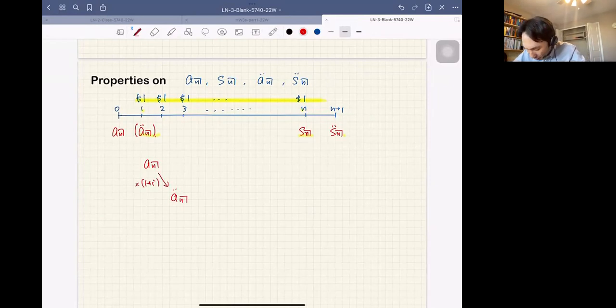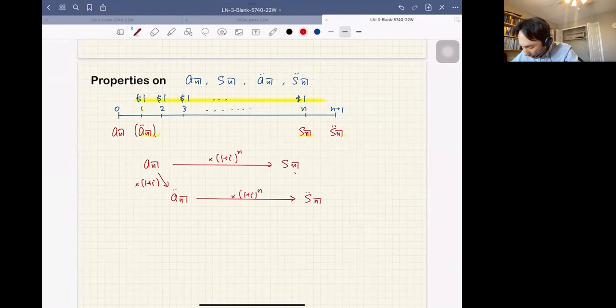And as we studied, if we multiply 1 plus i to the nth power, this becomes s right angle n. And if we multiply the same factor to a double dot right angle n, then this becomes s double dot right angle n.